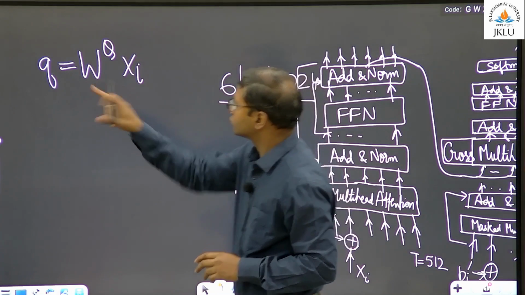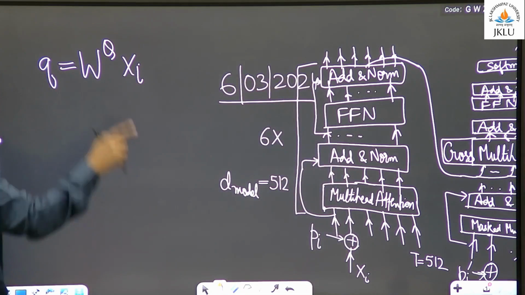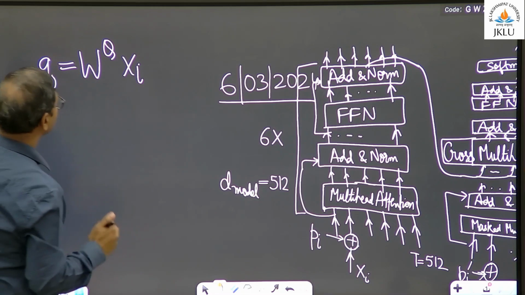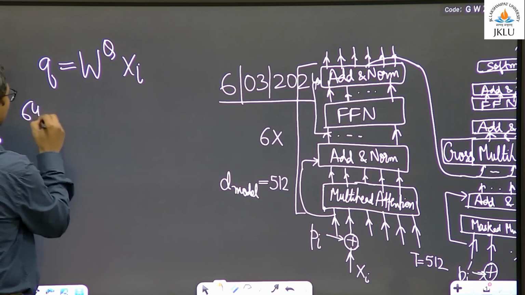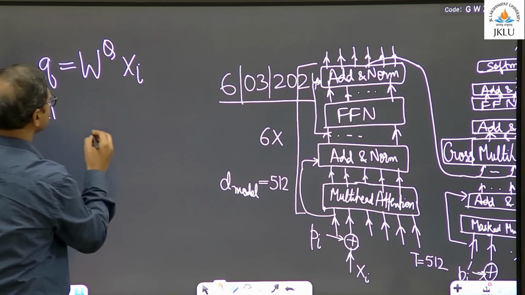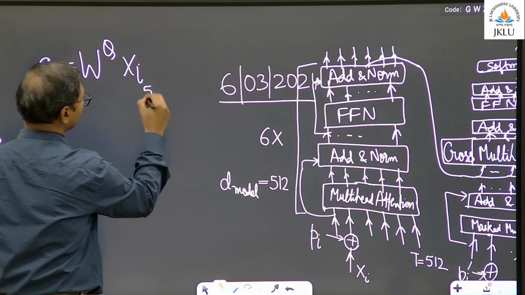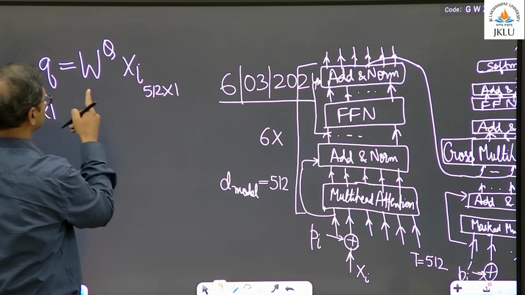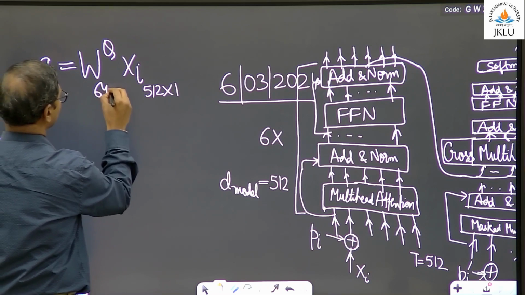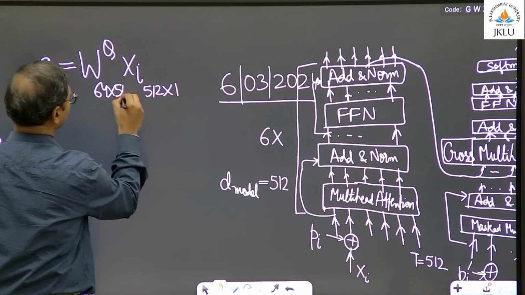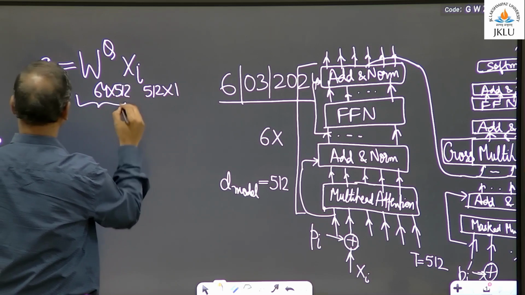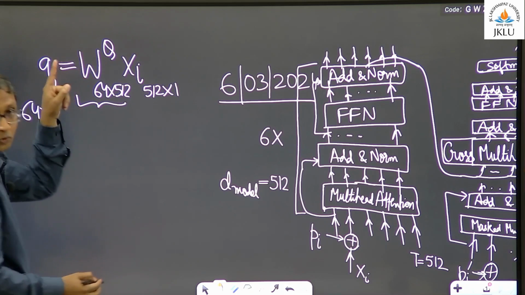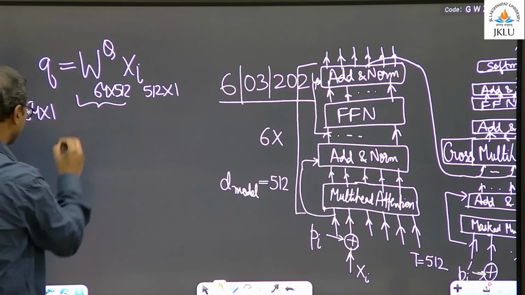Now, this Q was of size 64 cross 1, this is now 512 cross 1, so this guy has to be 64 cross 512. That gives me the dimensions of WQ.